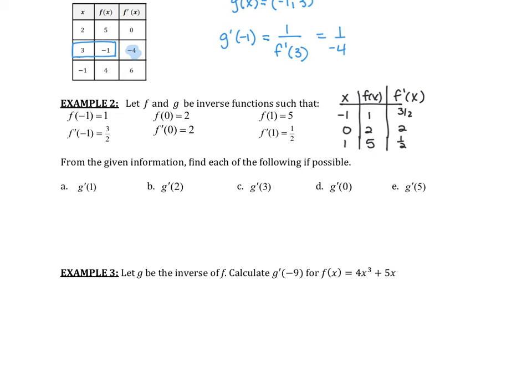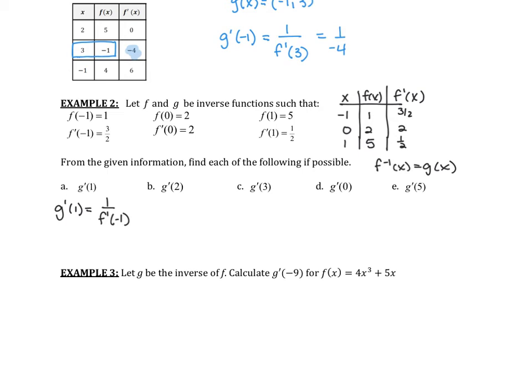Let's start with g of 1, g prime of 1. Remember, g is the inverse of f. So f inverse equals g. They're the same. Okay, so if we see g prime of 1, really what I need to do is 1 over f prime of negative 1.